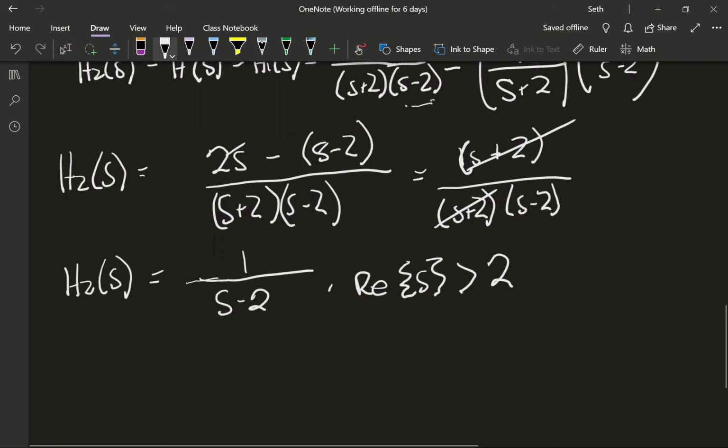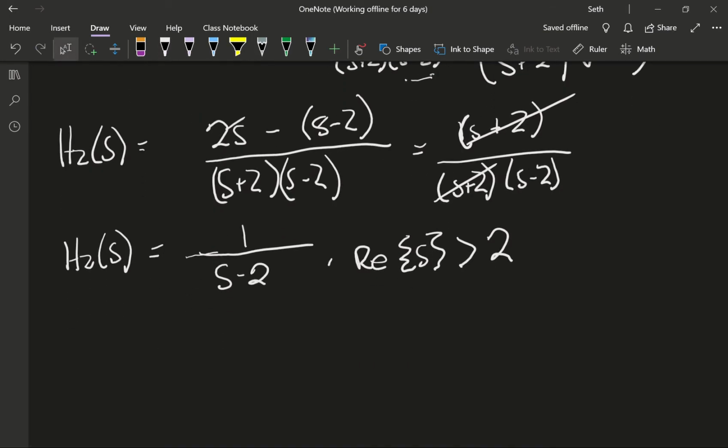Okay, so it originally asked us to find h2 of t, so we can use the same transform we've been using, just in reverse.